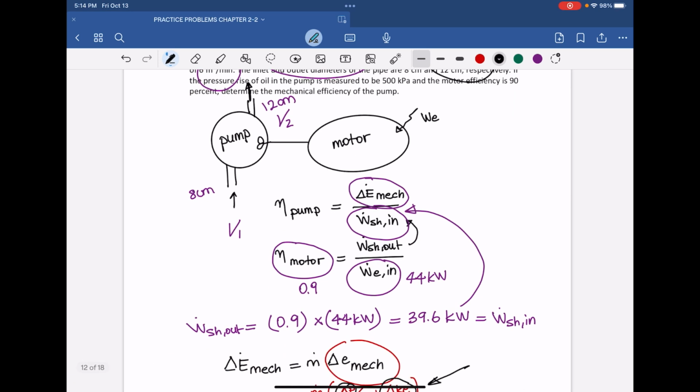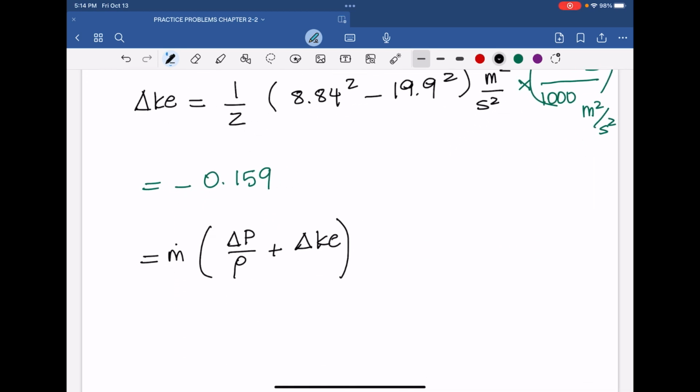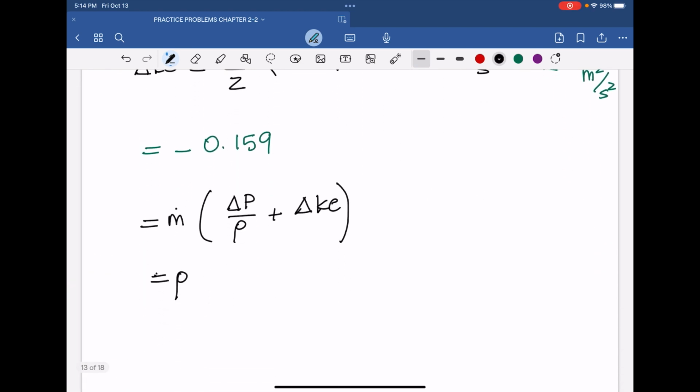Let's make sure. Okay, now let's write down this is the mechanical energy change with respect to time.